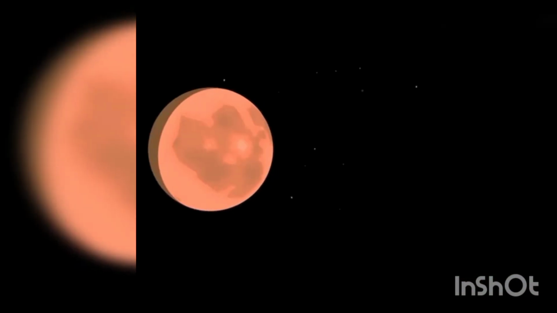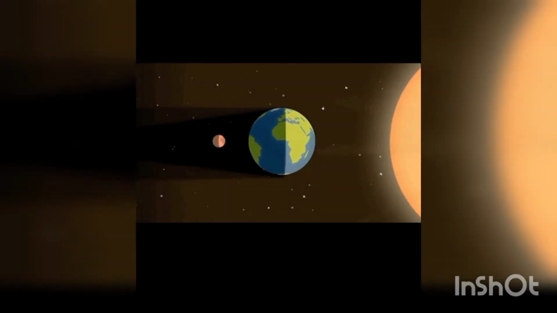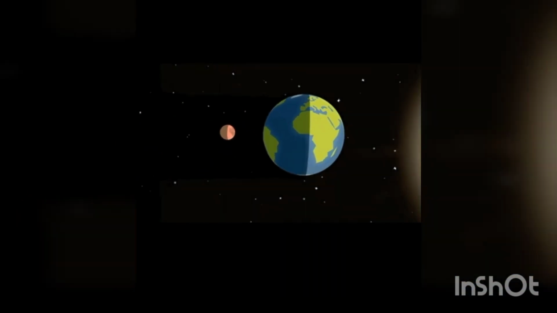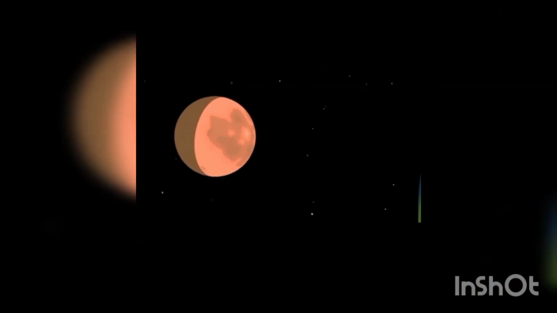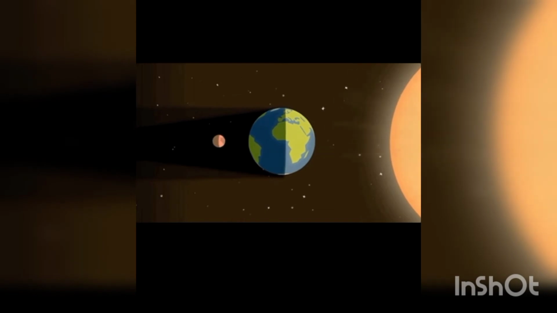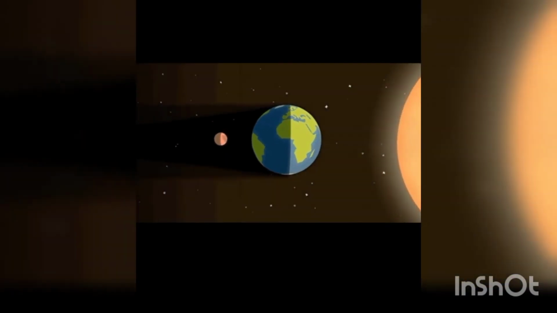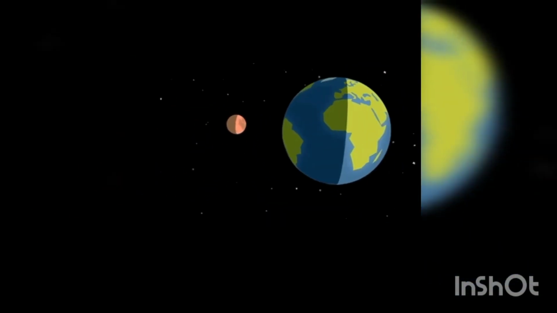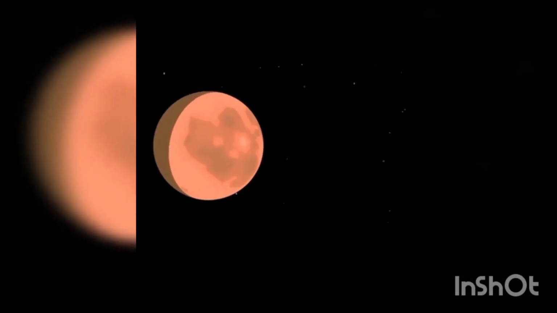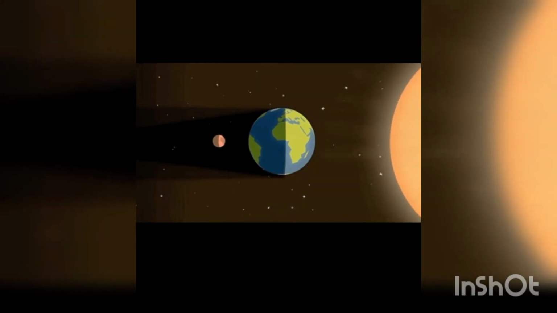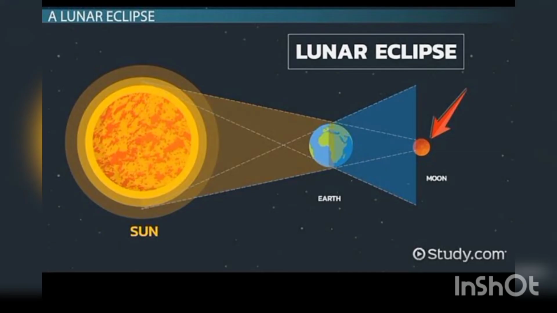At one time, earth comes between the moon and sun, and at other times the moon comes between the sun and the earth. At such times, the celestial body in the middle casts a shadow which partially hides the other celestial body from the sun. This process is called eclipse.